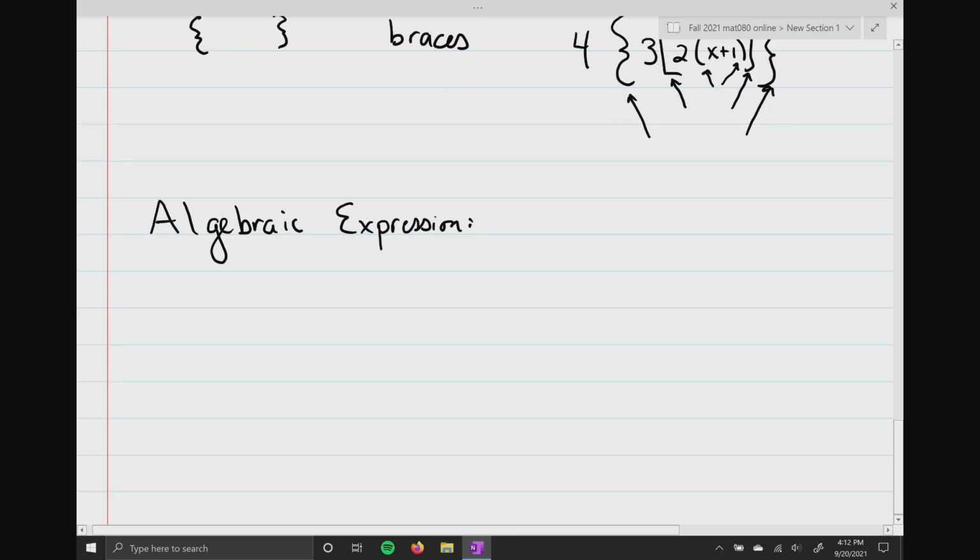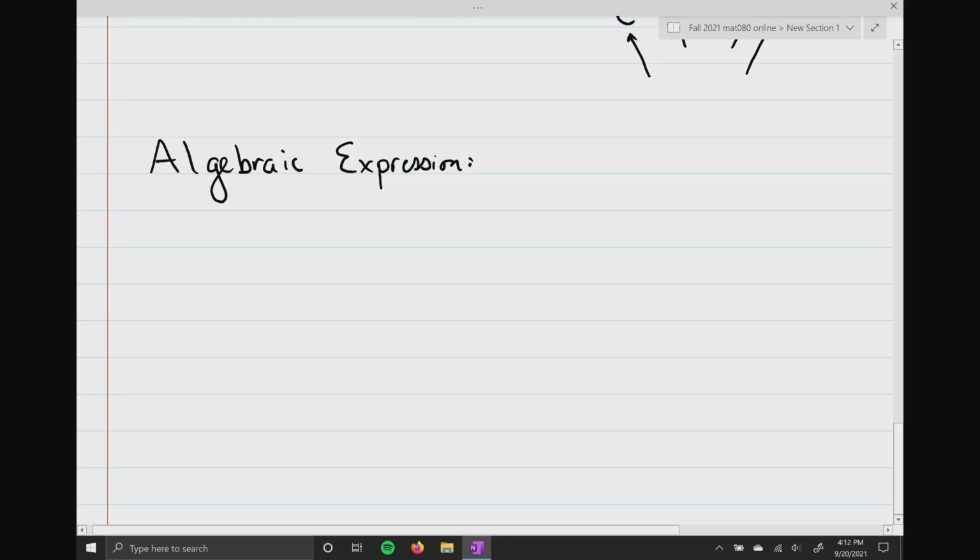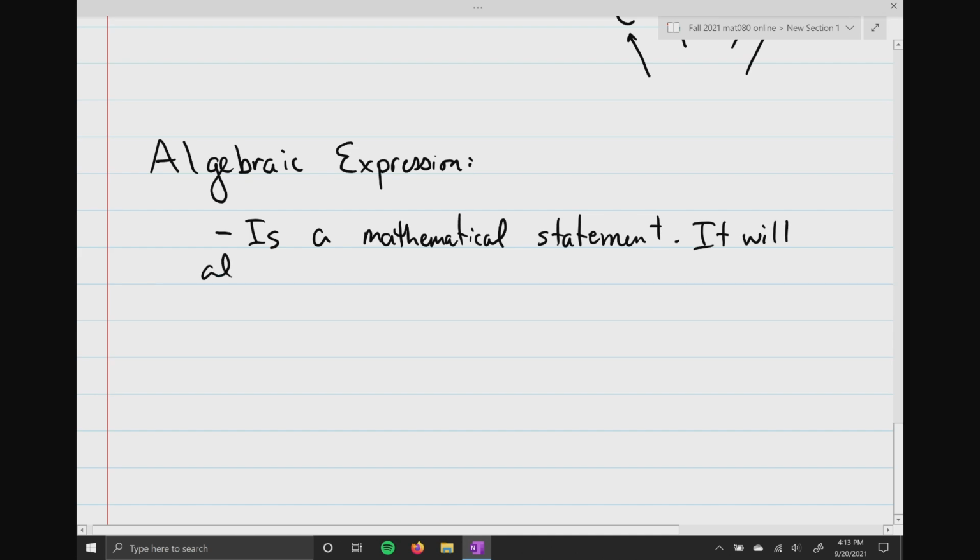Now, an algebraic expression is a mathematical statement. It's a statement. It'll always contain at least one of the following.